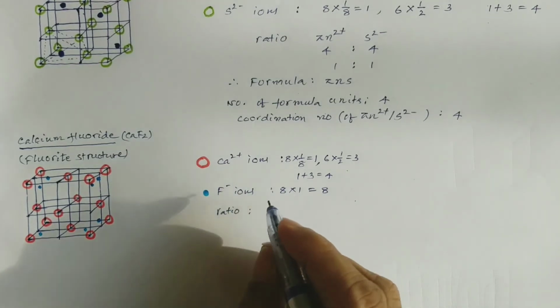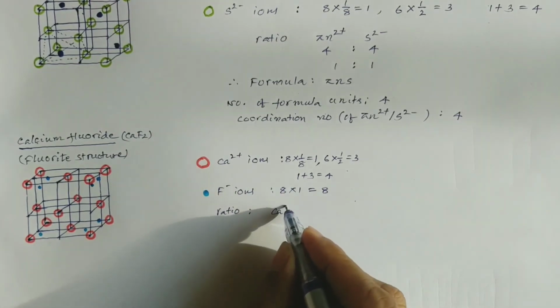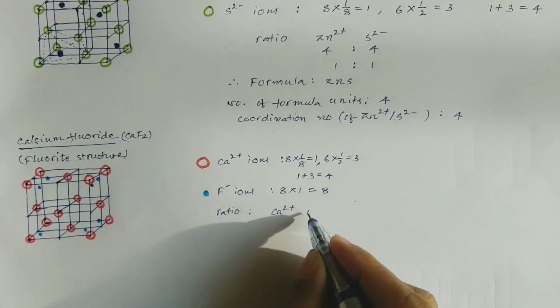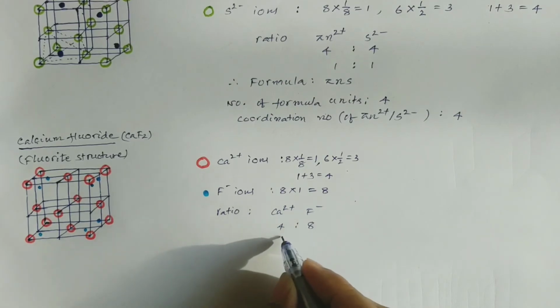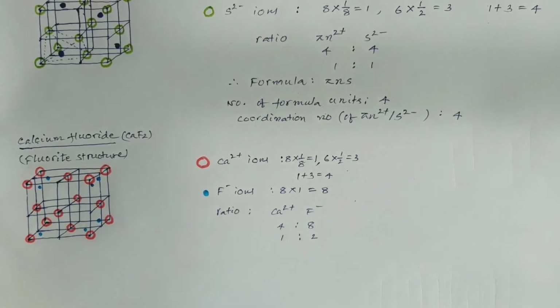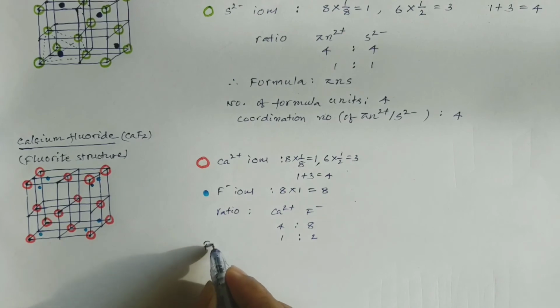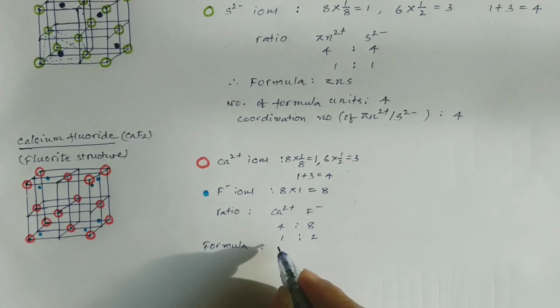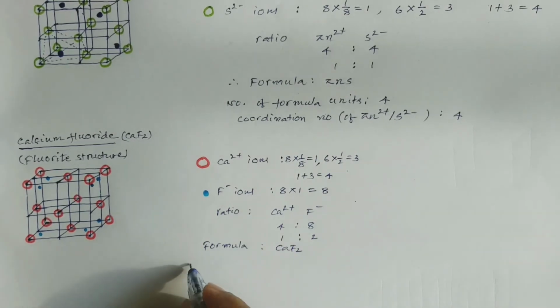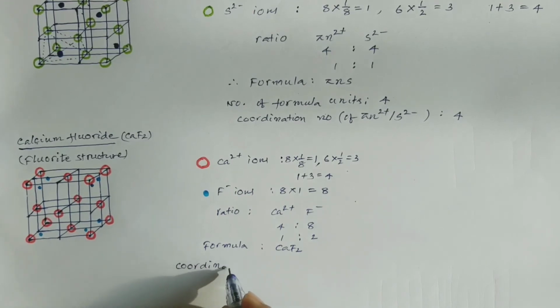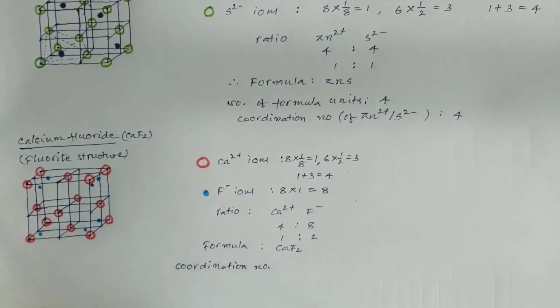So that will be equal to 4:8 or 1:2. So what is the formula? The formula will be CaF2, right? And what is the coordination number? Take the coordination number of fluoride ion.